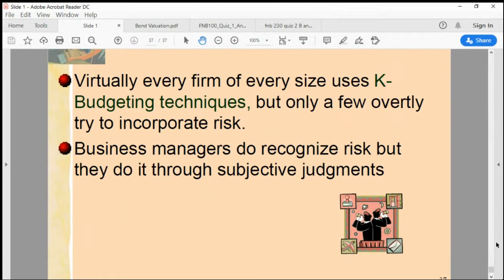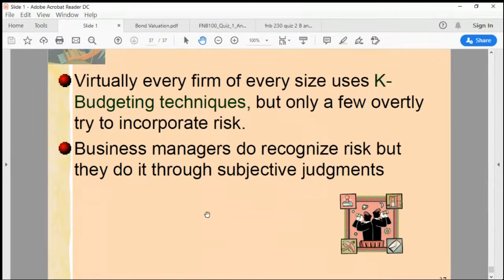So, as a final note, virtually every firm of every size uses capital budgeting techniques, but only a few overtly try to incorporate risk. In other words, it can become not a very accurate picture, but rather a rule of thumb, if you're not being very particular and meticulous about the risk adjustment.